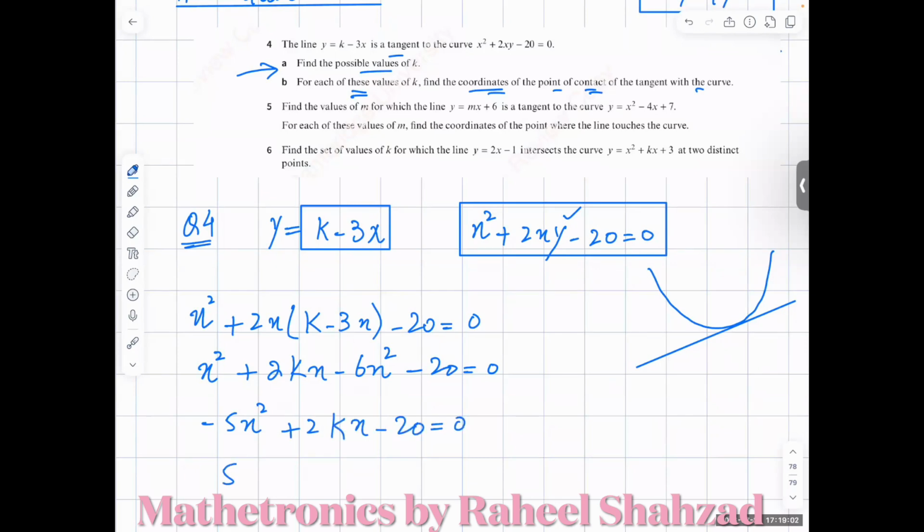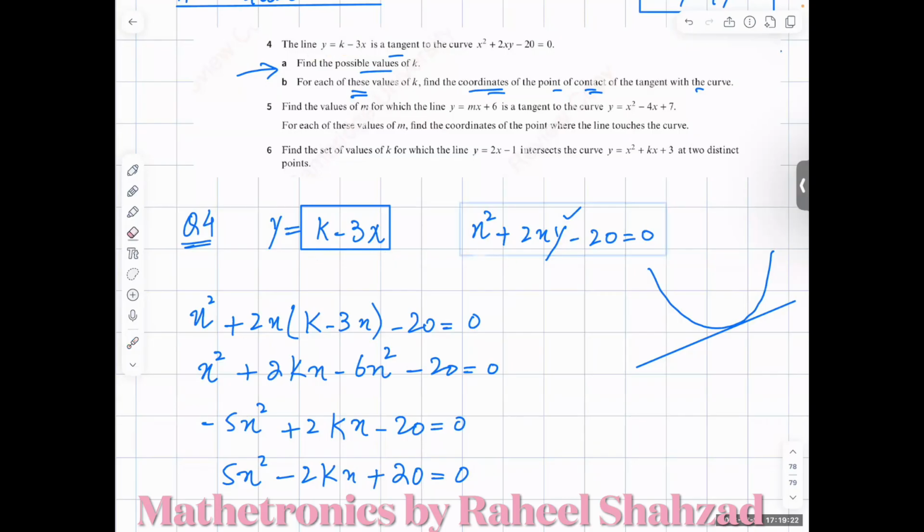We can take minus common. That makes it 5x square minus 2kx plus 20 is equal to 0. So what we have done, we have simply substituted this linear line into the quadratic. That was y equals k minus 3x.